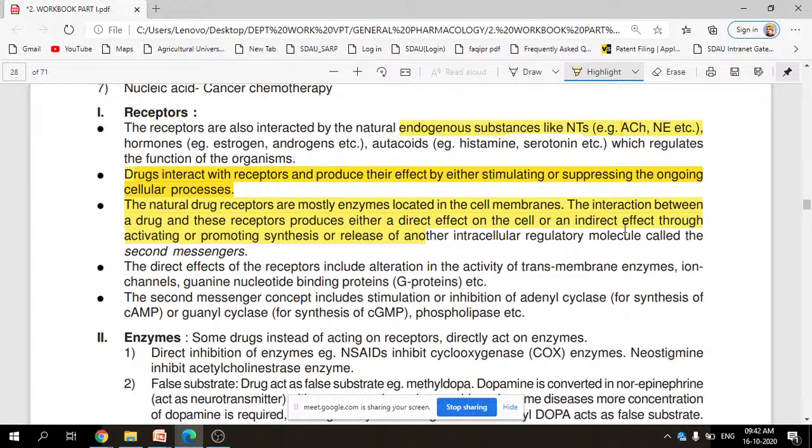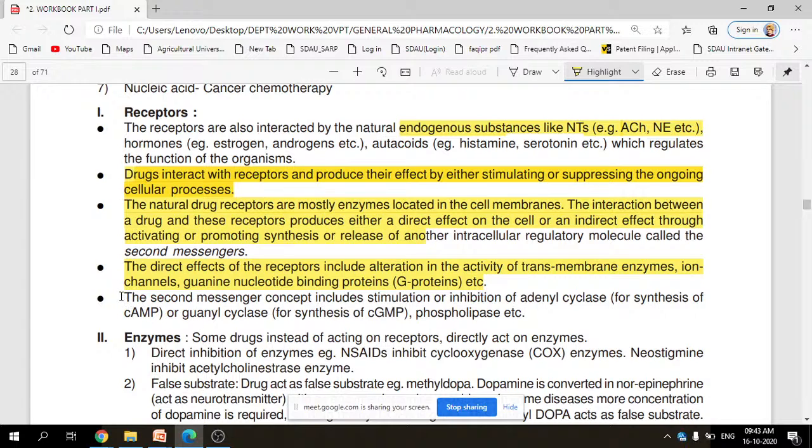Now, this activation of these enzymes will promote the synthesis of second messengers like cyclic AMP and cyclic GMP. So, these second messengers will modify the existing biological and physiological functions. The direct effects of the receptors include alterations in the activity of transmembrane enzymes, ion channels, and G protein coupled receptors.